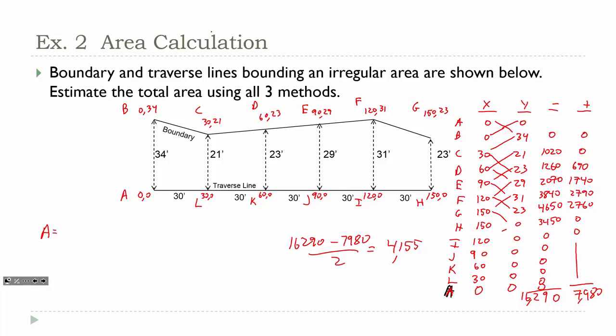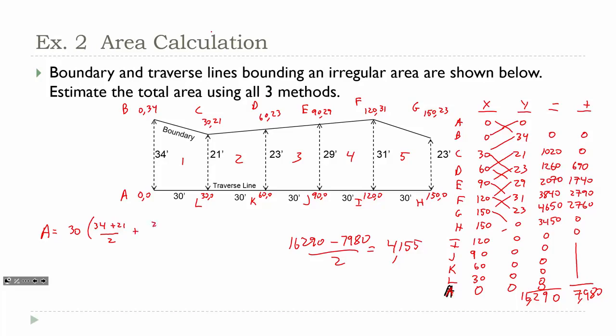We'll have our base, which in this case is 30, so that is consistent for each one. So we'll number them through 5, so we'll have 5 calculations. So we have 30, and then we have height 1, which would be 34 plus 21 divided by 2. And since we do have that uniform width of 30, we can just add these together.